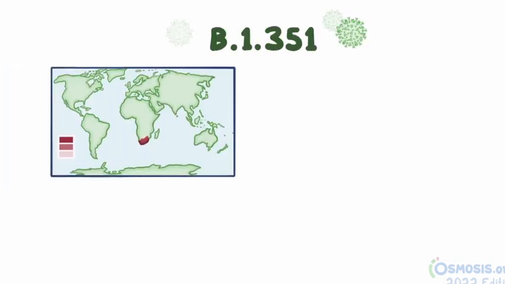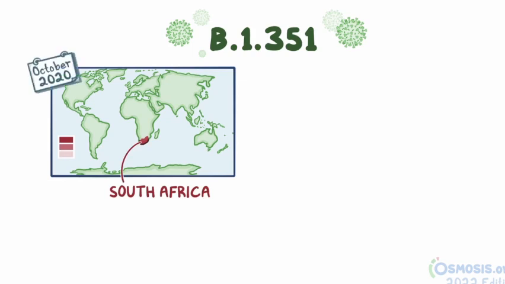B.1.351 was first identified in South Africa in samples dating back to October 2020. It's also been found in samples from other countries, including the US, as of January 2021. B.1.351 has several of the same mutations that the B.1.1.7 has, however, it has enough unique mutations to be considered its own strain.